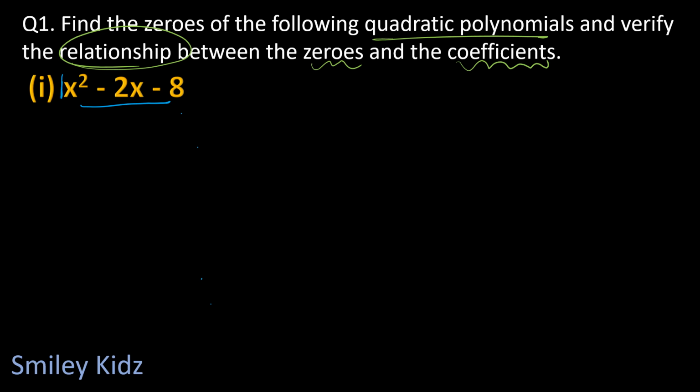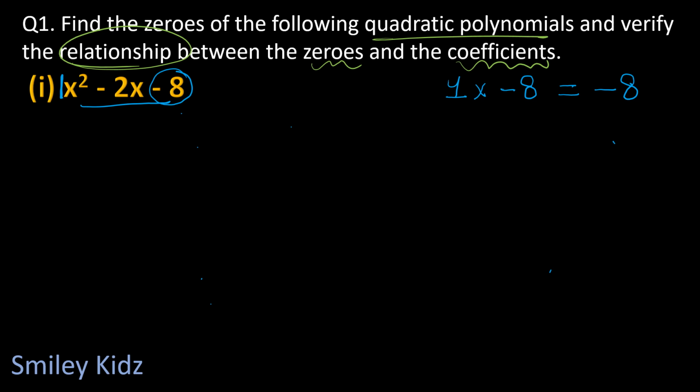First, what is the coefficient of x square? It is 1. And what is the constant term? It is minus 8. It's not 8. It is minus 8. So first we're going to multiply the coefficient of x square with the constant term of the same quadratic polynomial. So it is 1 times minus 8, which is minus 8.